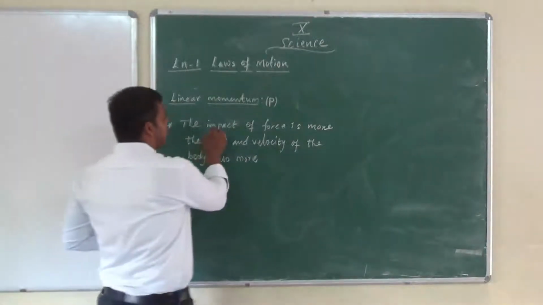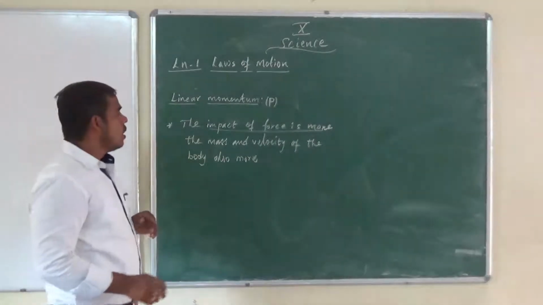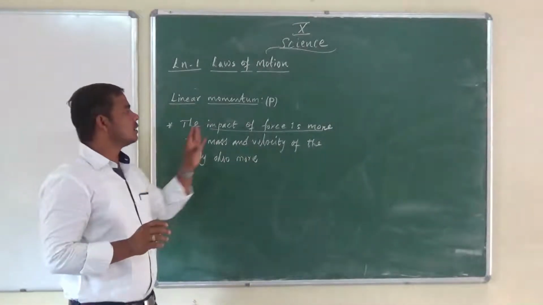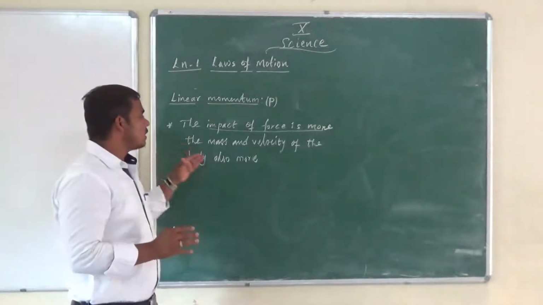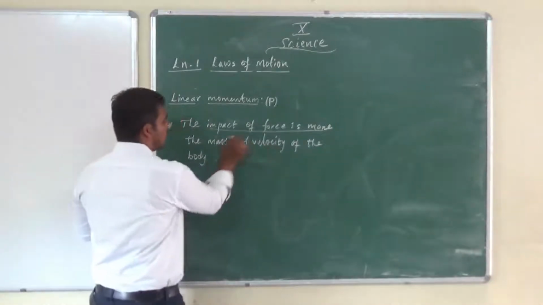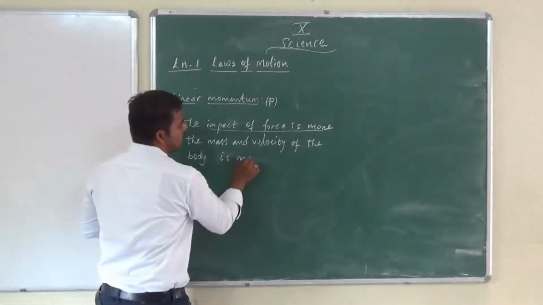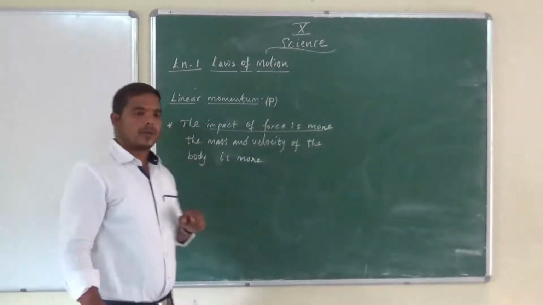What happens? The impact of force becomes more. So when we are considering a certain body, if the mass and velocity of the body are more, the impact of the force is also more.